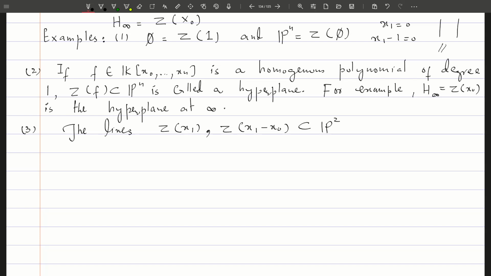So in A^2 they are not going to intersect. However, they are going to intersect in the projective space. Note that x1 and x1 minus x0 are in the polynomial ring k[x0, x1, x2].